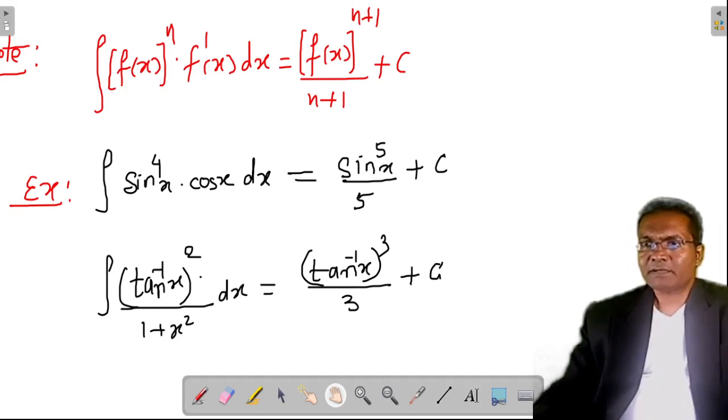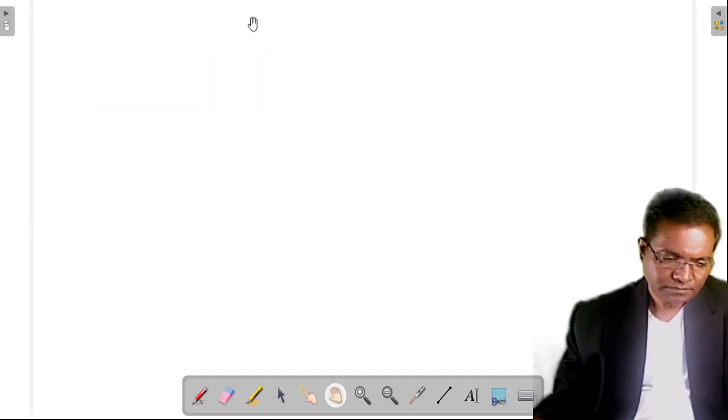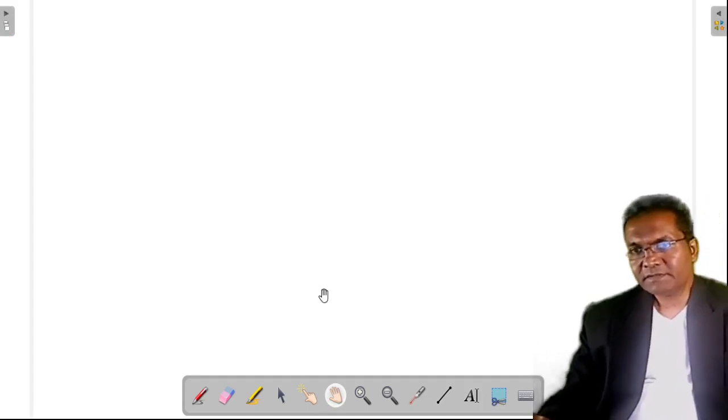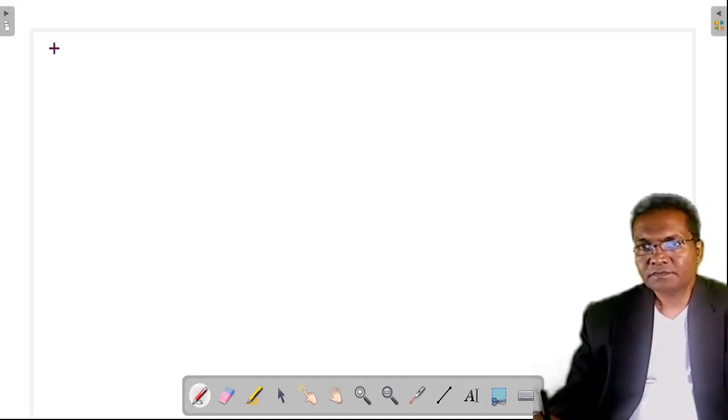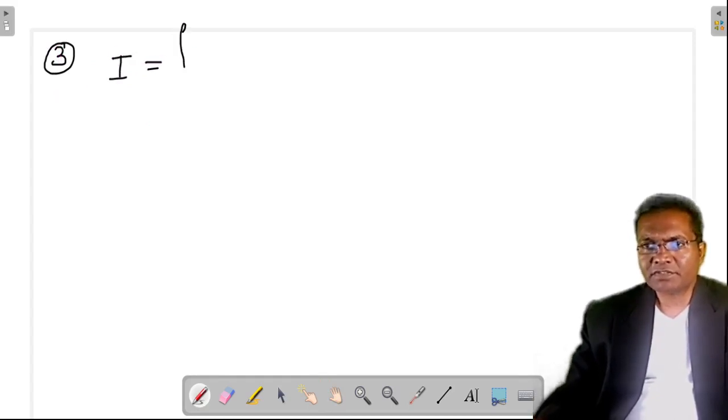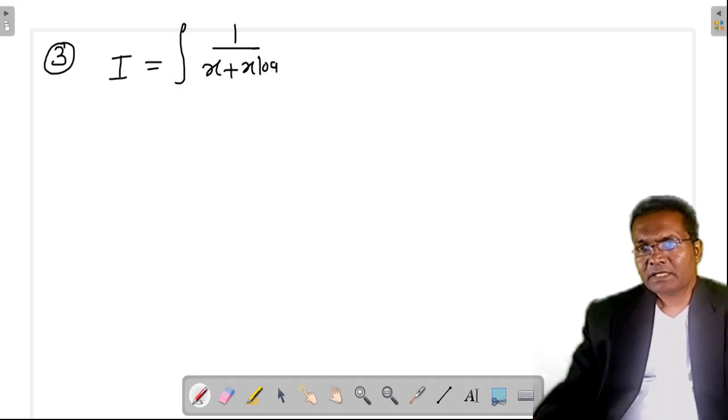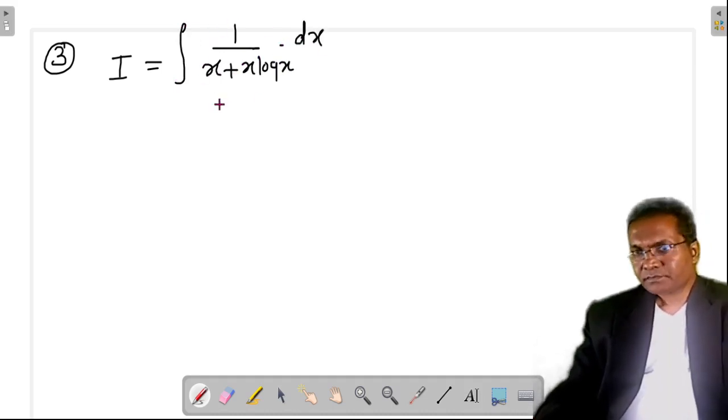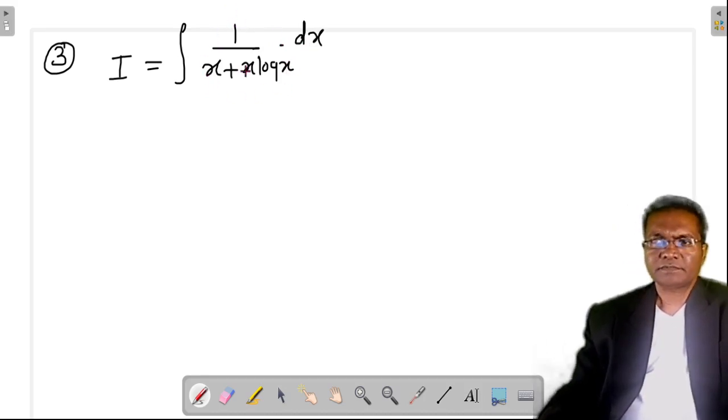Let's have another example. Question number 3. You are asked to integrate this function: 1 by x plus x log x. You are asked to find the integral of this.